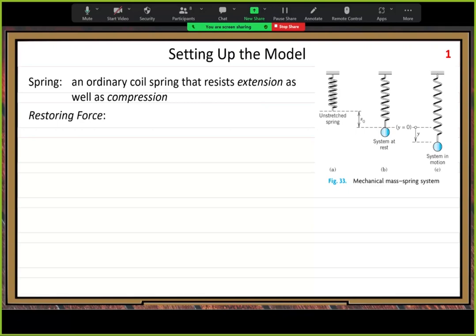Restoring force. The force generated by the spring we call the restoring force, by Hooke's law. Hooke's law tells us some property about the restoring force. F1 equals minus ky, negative k times y.